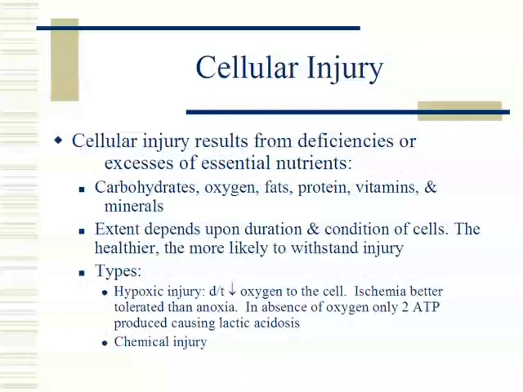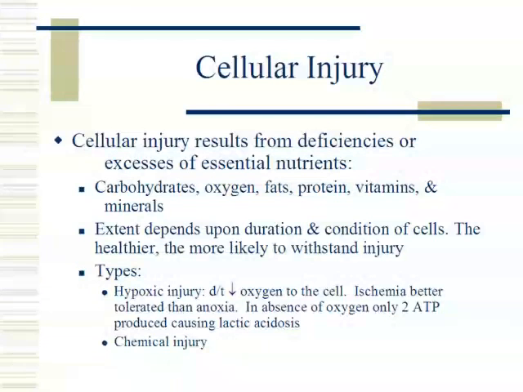Now, ischemia, which is a decrease in the blood supply, which carries the oxygen, is better tolerated than anoxia. An means without, so anoxia is the total lack of oxygen. It's called strangulation when you cut off the blood supply to the brain and to the lungs by strangulating somebody and they die because of a lack of oxygen.